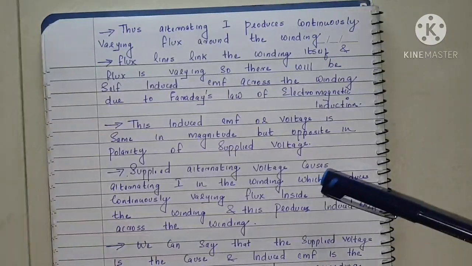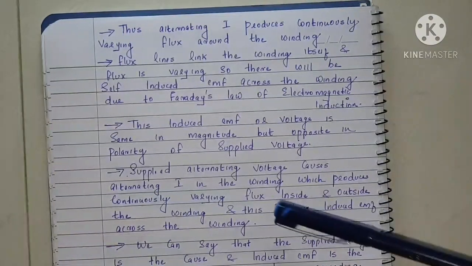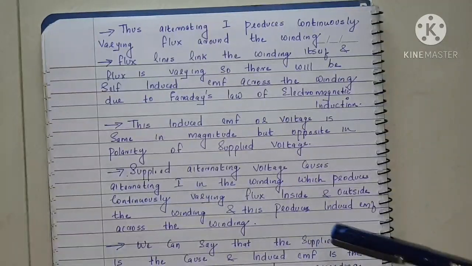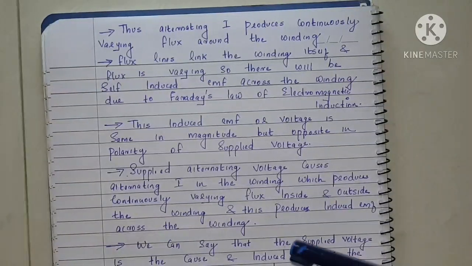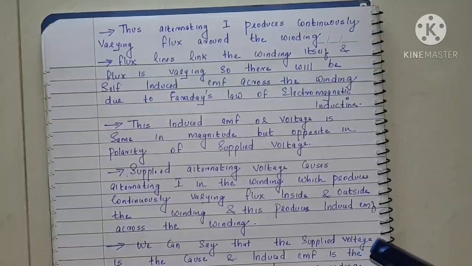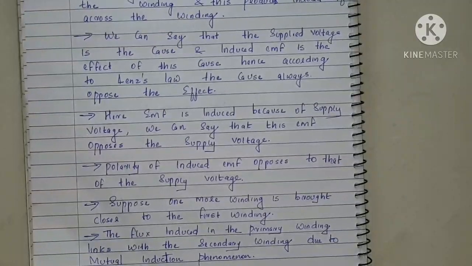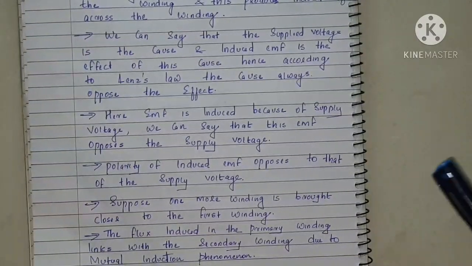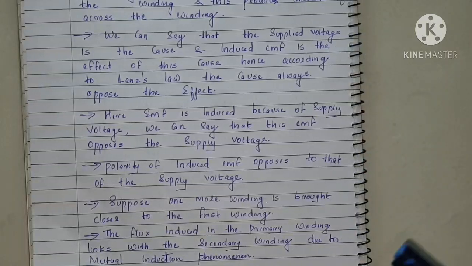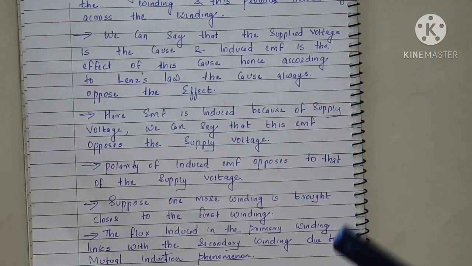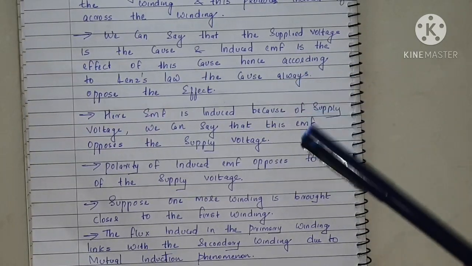That is, the supplied voltage causes alternating current, alternating current produces continuously varying flux, and this continuously varying flux produces induced EMF across the winding. Thus, we can say that the supplied voltage is the cause and induced EMF is the effect of this cause.